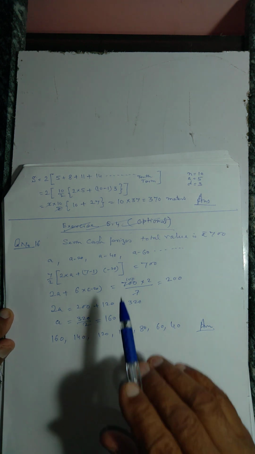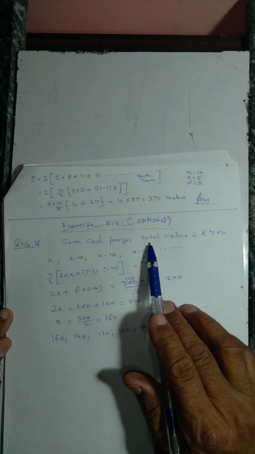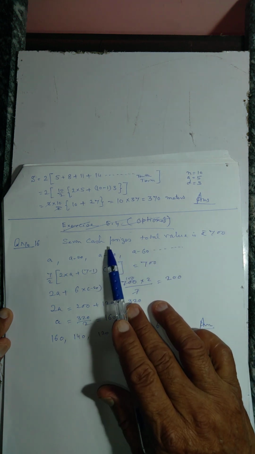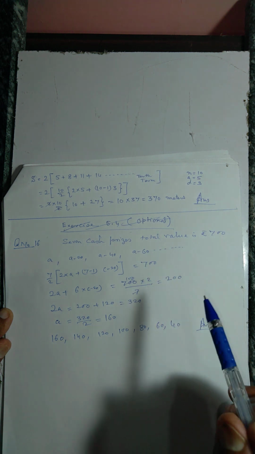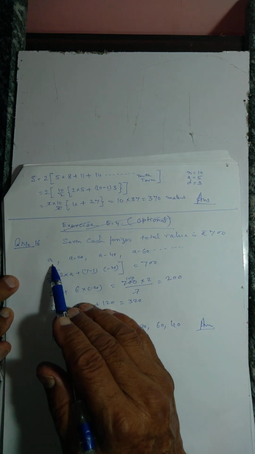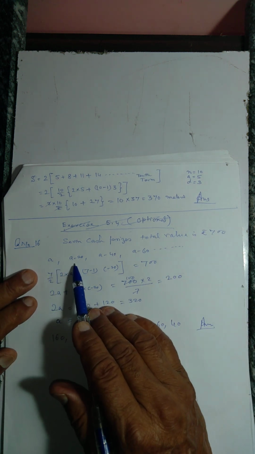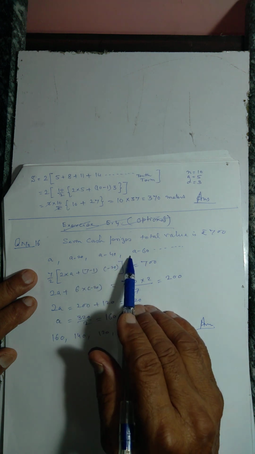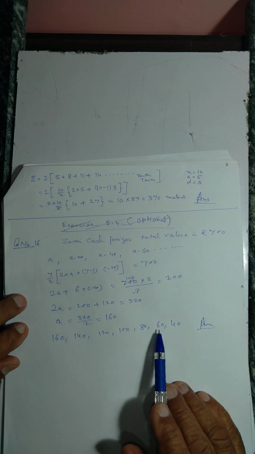You see, just suppose that 7 cash prizes are there, and the total value is rupees 700. Suppose the first one is A, and the second one will be A - 20, A - 40, and A - 60, and so on.